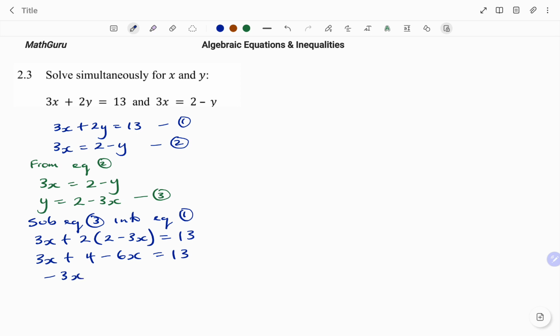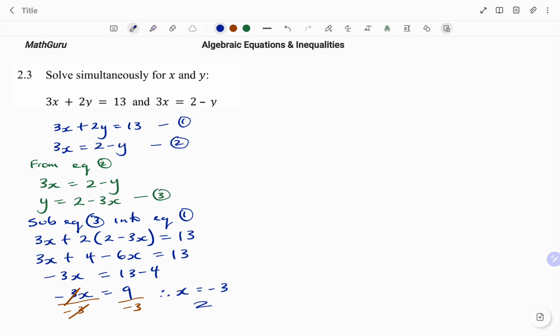And then if I move my 4 to the right hand side, negative 3x equals 13 minus 4, which is 9. And then dividing both sides by negative 3. Whatever you do on your left, you do on your right. Therefore, the value of x will be 9 divided by negative 3, which is negative 3.